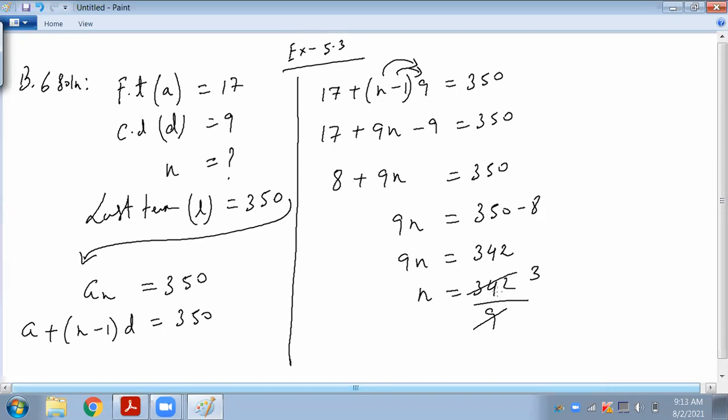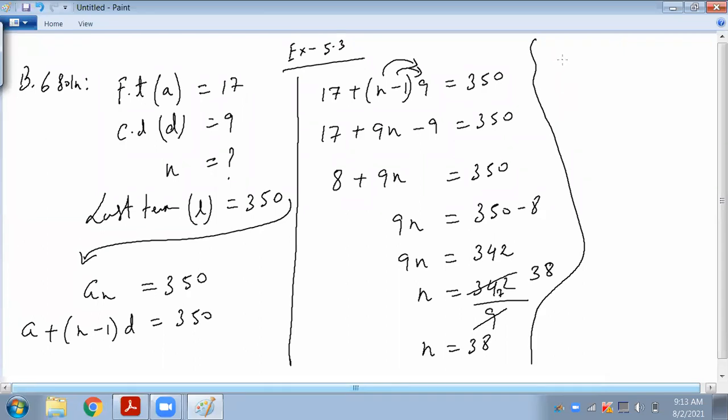So how much in hand? 7 in hand, so it will be 72. 9 8s are 72. So n equal to 38. So we got n, so now we can find the sum.